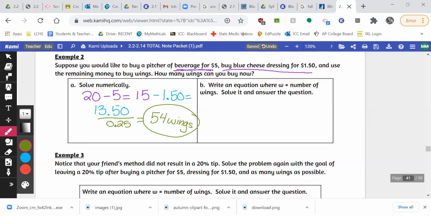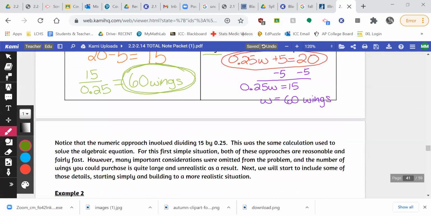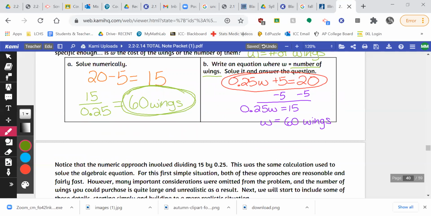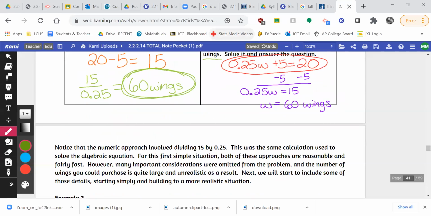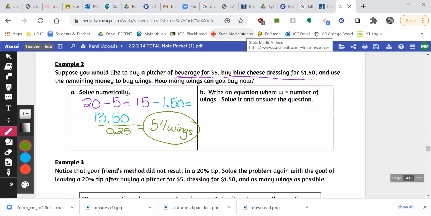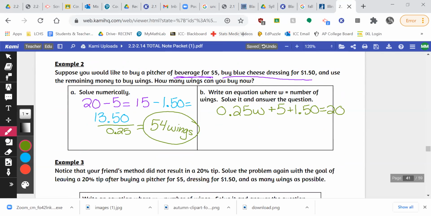So my equation is going to look pretty similar to this one. I just also have to account for the dressing. So I'm going to have 0.25W for each wing, plus the $5 for the beverage, plus $1.50 for the dressing, and that will give me a total of $20.